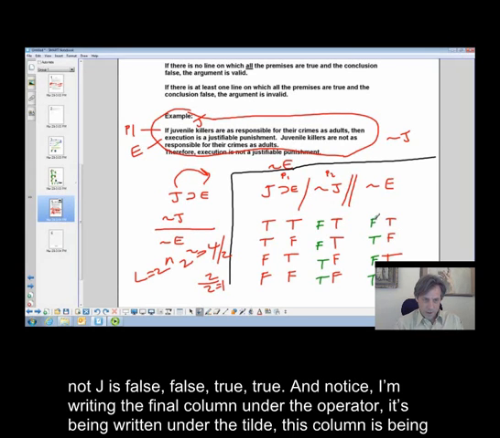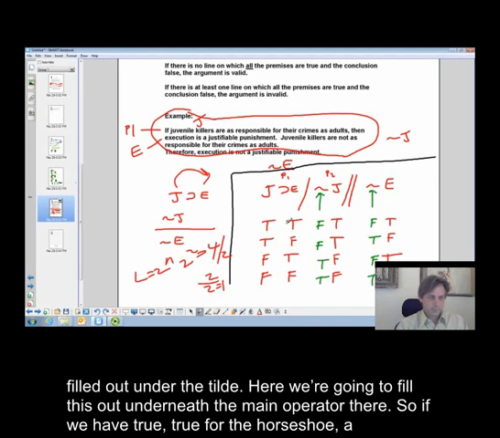And notice I'm writing the final column under the operator. It's being written under the tilde. This column is being filled out underneath the tilde. Here we're going to fill this out underneath the main operator there.